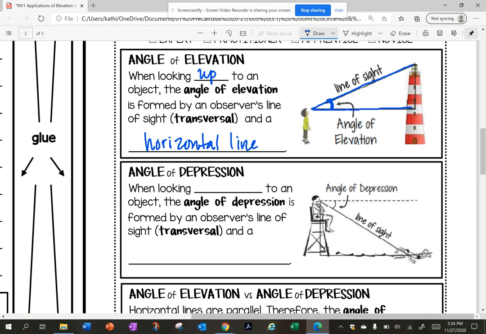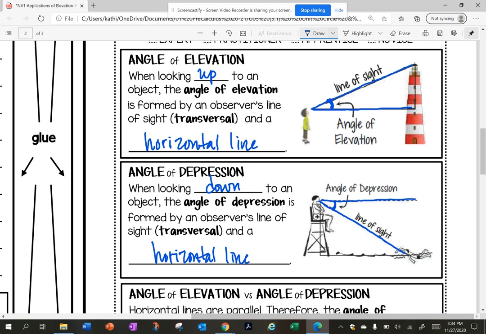And an angle of depression, when looking down to an object, is formed by an observer's line of sight, which is the transversal, and again, a horizontal line. Okay, so here's my angle of depression.